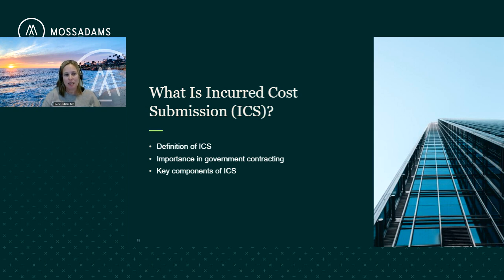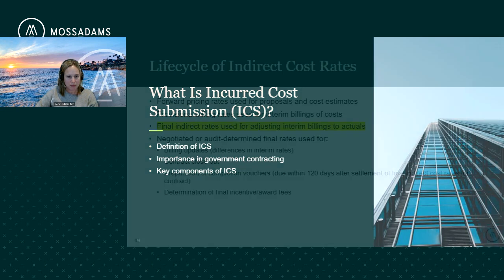And compliance: submitting an ICS ensures adherence to the FAR and other relevant regulations. We're going to dive into the different components of the ICS as we advance through the slides.